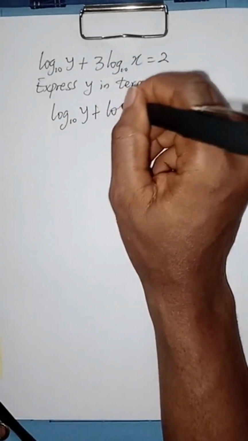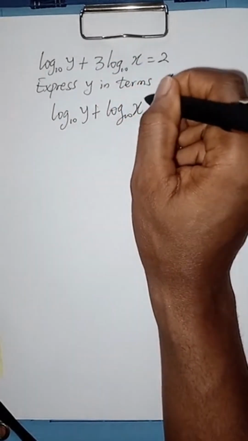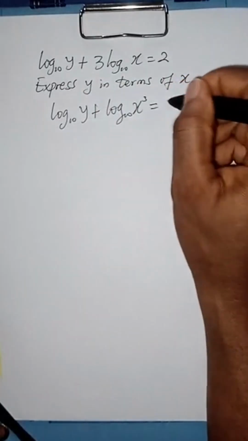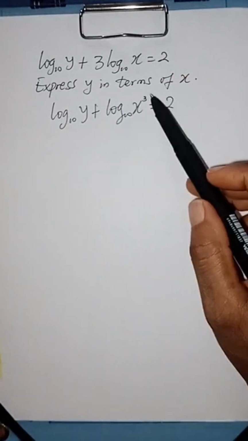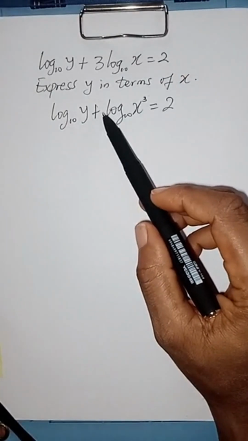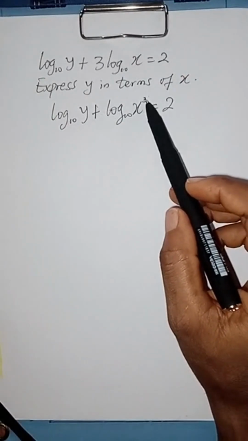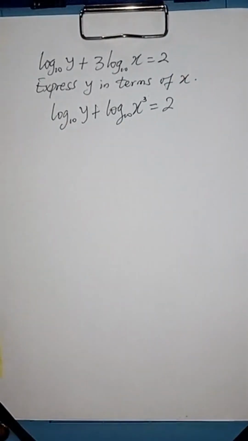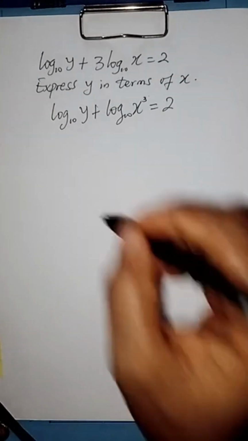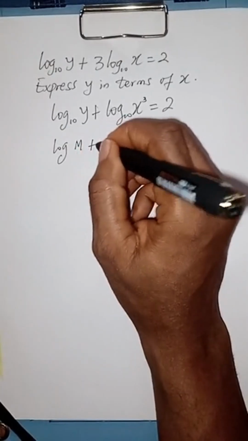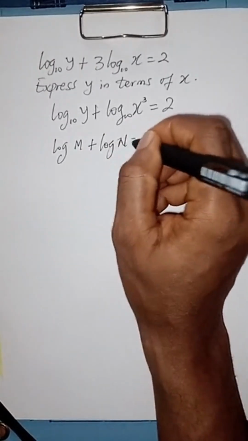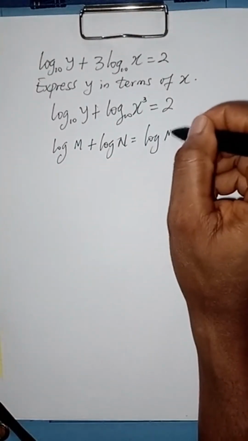3 will become the power, x raised to the power 3, equals to 2. And remember, it's possible for us to do that, to take the coefficient to the power. Now remember, one of the laws of logarithm is that log m plus log n is equal to log mn.